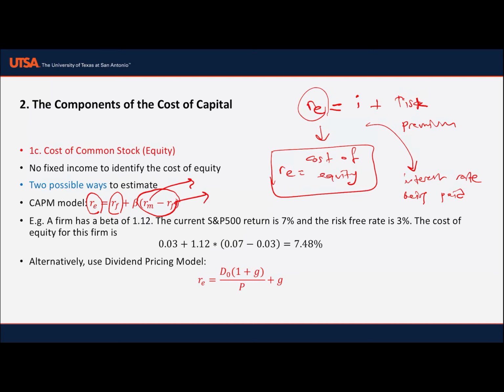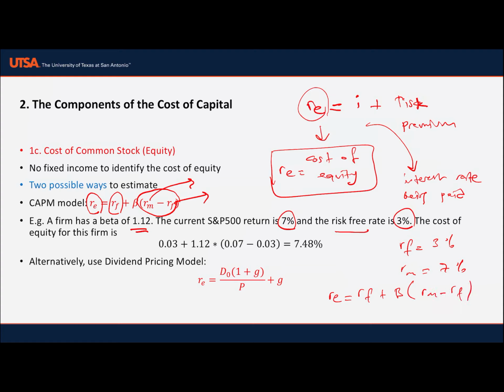So let's solve an example. A firm has a beta of 1.12. The current S&P 500 return is 7%, which is market return, and the risk-free rate is 3%. So let me write: risk-free rate is 3%, market return is 7%, and we need to calculate the cost of equity. How can we calculate cost of equity? We already know cost of equity is risk-free rate plus beta times market return minus risk-free rate.